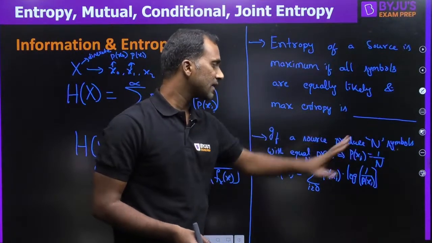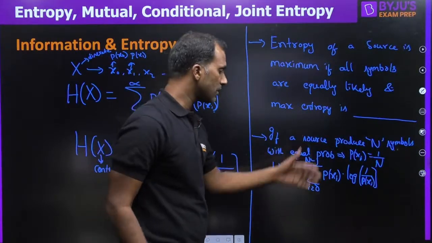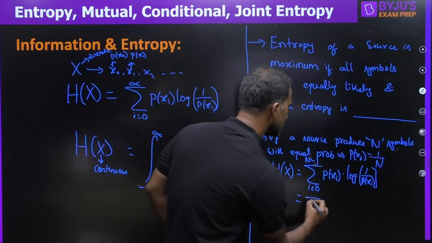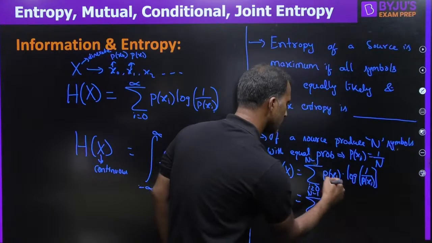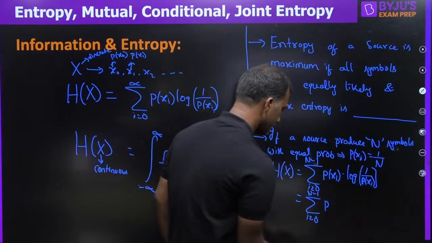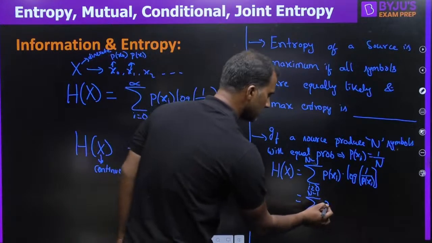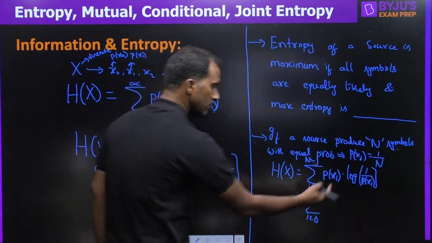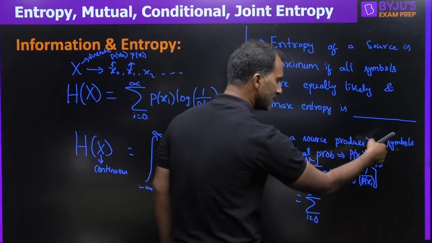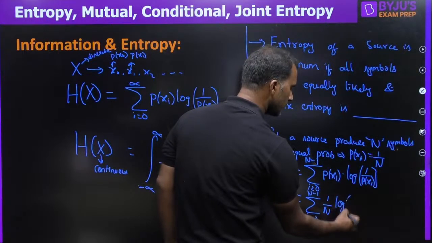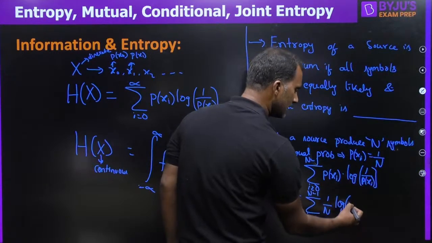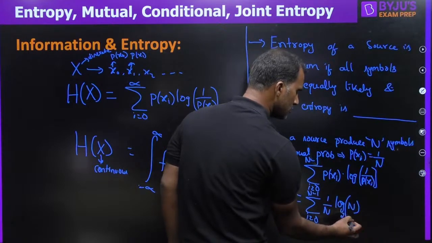Because we clearly know that there are n symbols, it is given. So I'm writing it as 0 to n minus 1. Now let us substitute the things. I running from 0 to n minus 1, p of xi is the probability of each symbol, for all values of i the same probability, which is 1 by n, into logarithm of 1 by n, it is equal to log n to the base 2.